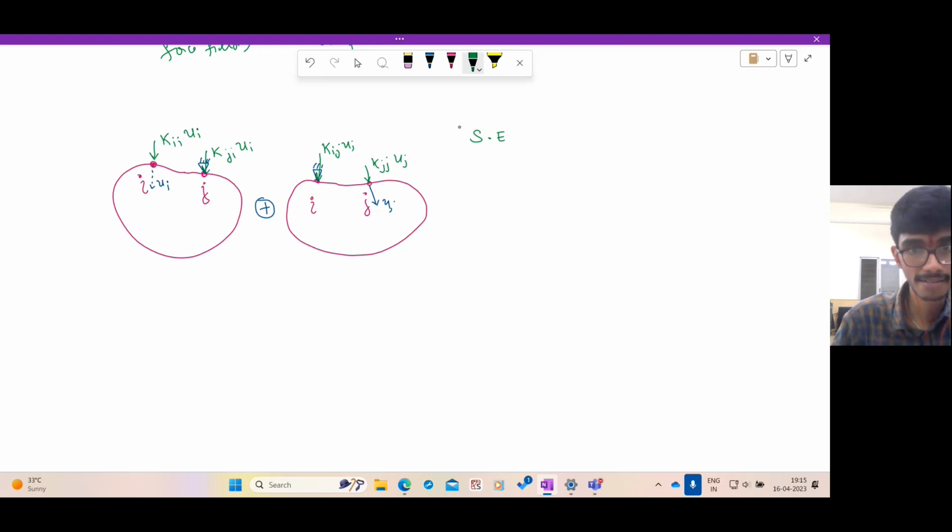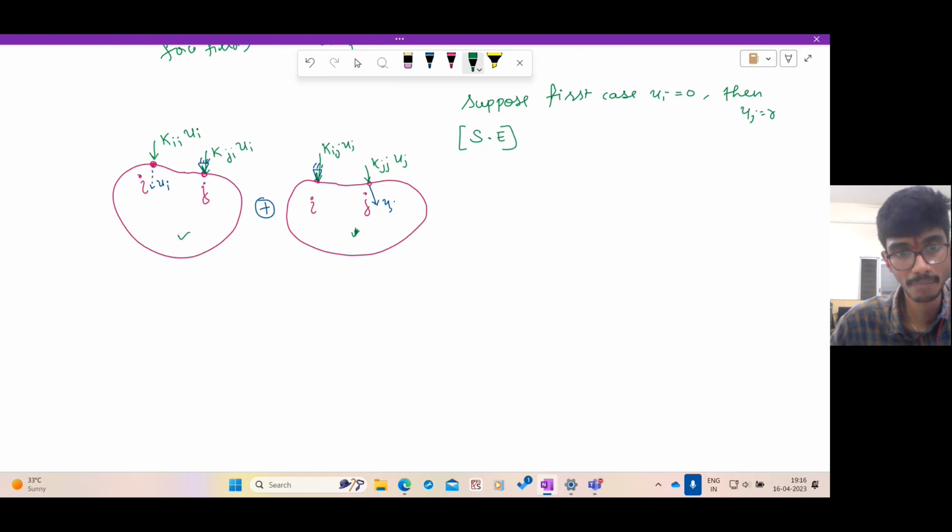Suppose in the first case, ui is equal to 0, then uj is applied, which means in the first case, this is happening first and this is happening second.